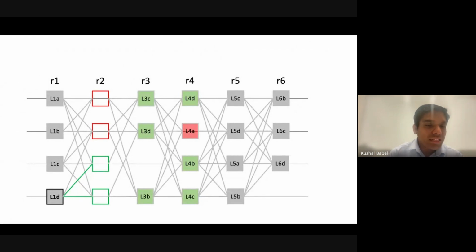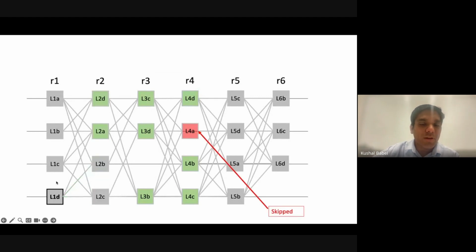Coming to round 1. L1D again does not have enough blames or enough support. And so we look at the first block after round R+2. That block is L4A. Right. In every view, all the other validators will definitely decide to skip this L4A block, as we have already established. L4A will be skipped in the consensus output.